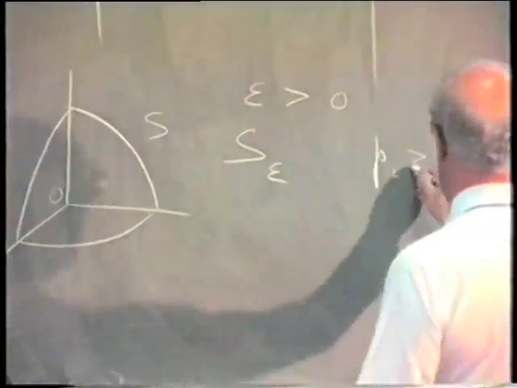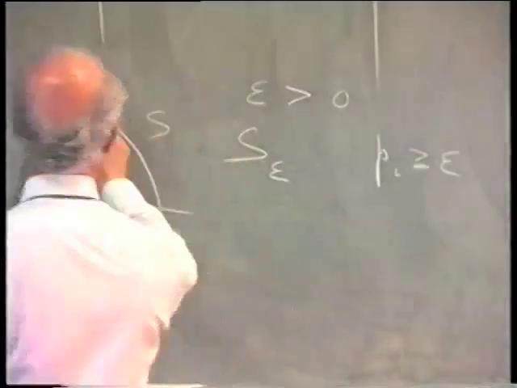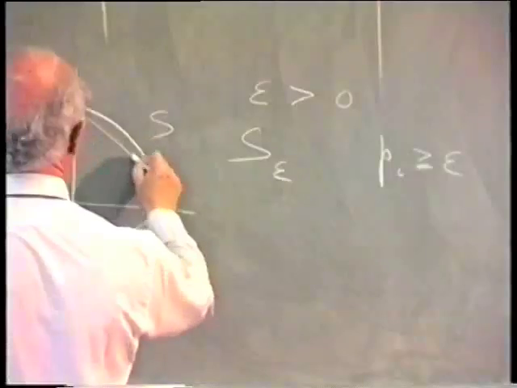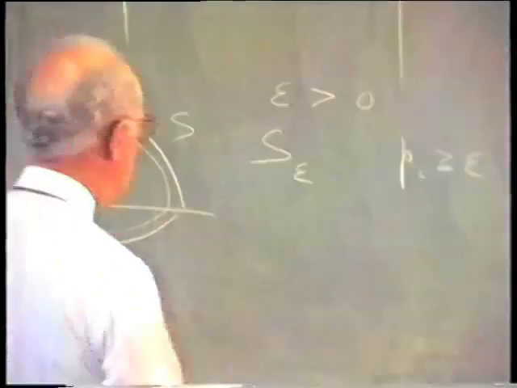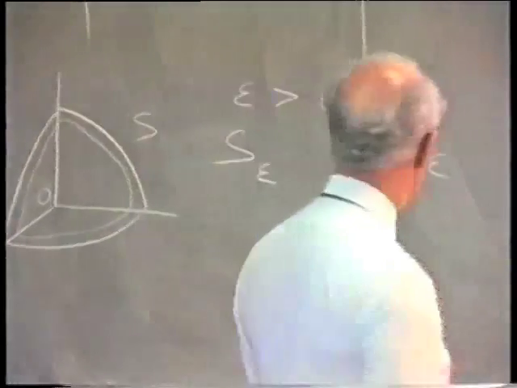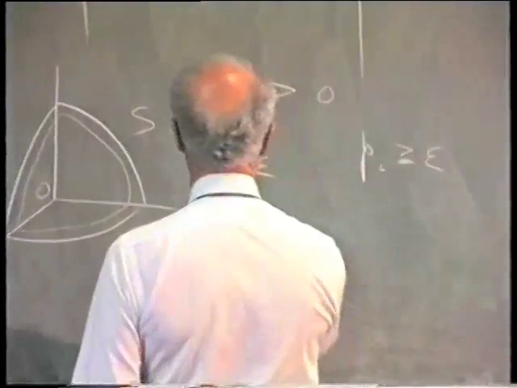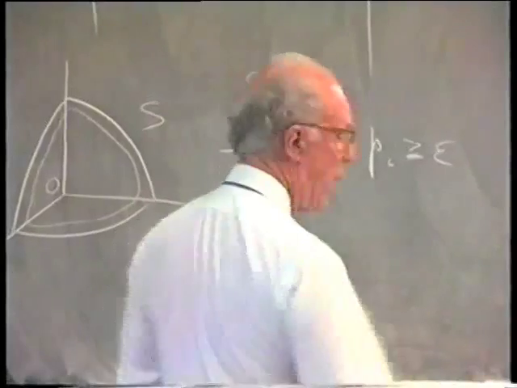So what you obtain in this case is a part of the sphere which is as close as you like to the boundary. And the theorem can indeed be phrased in this manner.